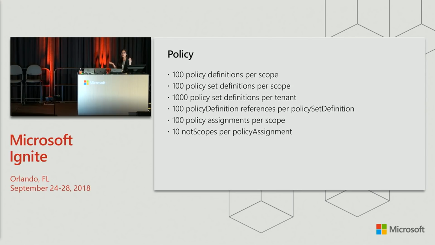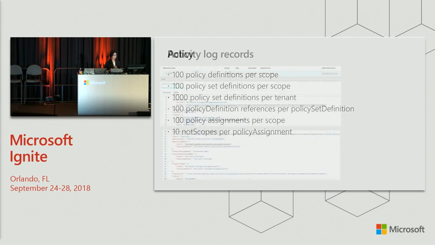So if you create initiatives, max out each of them, and put that on a given scope, essentially there will be a maximum of 10,000 policies running in a given scope. And if you end up hitting any of these limits, please just talk to us. We've increased the limits, for example, for parameters already, so we're more than willing to raise the limits based on customer needs.